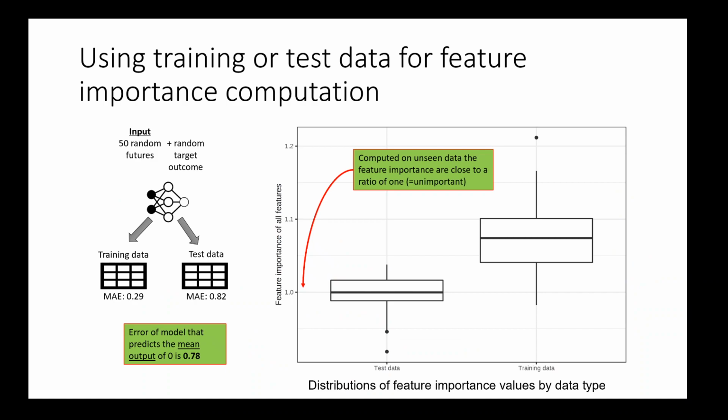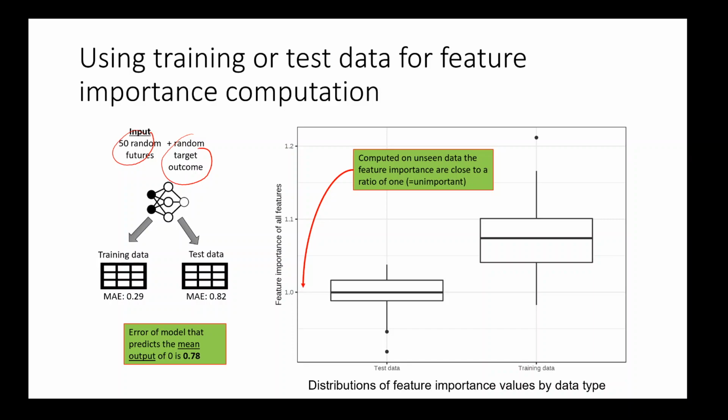Now, let's discuss using training or test data for computing the feature importance. For this, the author created an extreme example using a support vector machine. The model is trained using 200 instances of 50 random features plus a random target outcome. This means that there is no relationship between the variables and the true outcome. If the model learns any relationship, then it will overfit.